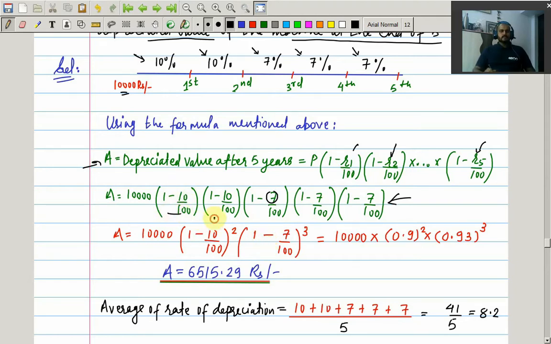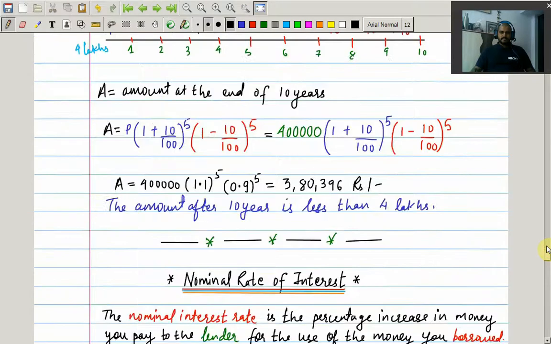These 2 brackets are repeating 2 times, so raised to 2, these 3 times, so 3. Simplify this, you will get this. So after 5 years, that machine will be worth this much: 6,515 rupees and 29 paisa.